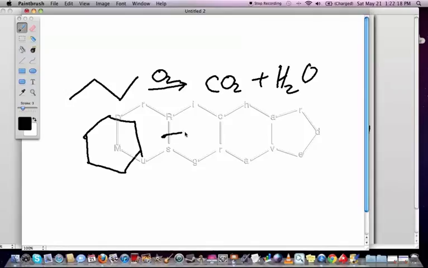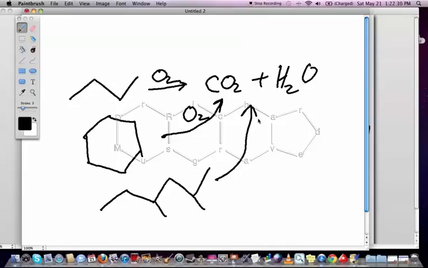Change this one, O2, and again we're going to get just CO2 and water. O2, CO2 and water. It doesn't matter what the structure is, the product of combustion will always be carbon dioxide and water.